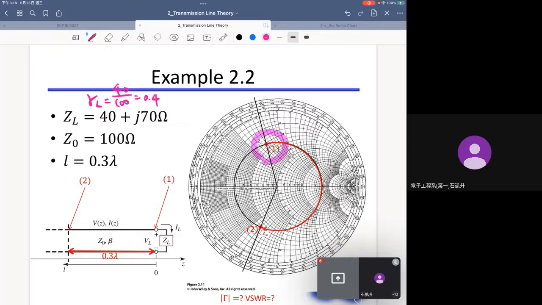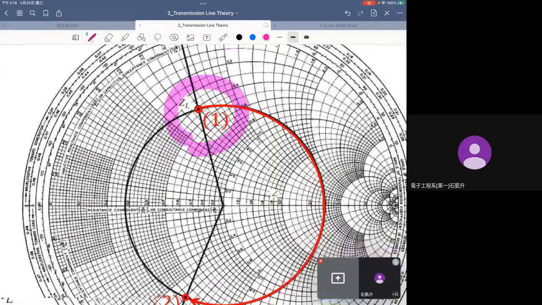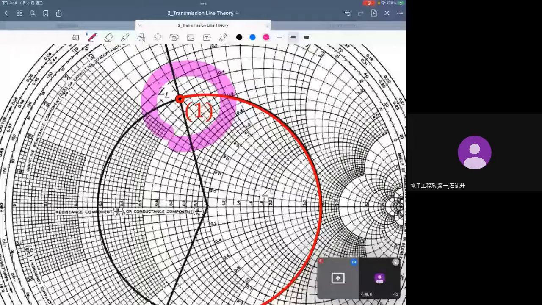And XL equals 0.7. So you will find the 0.4 circle and the 0.7 circle, and this is your point 1, okay? This is the first step.